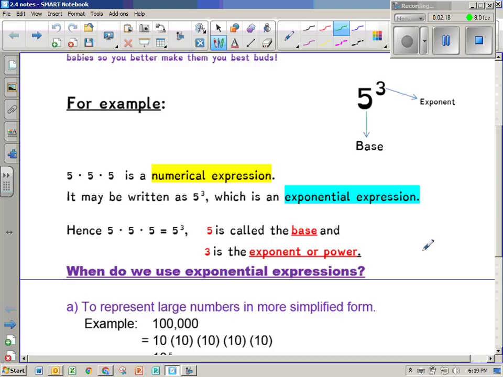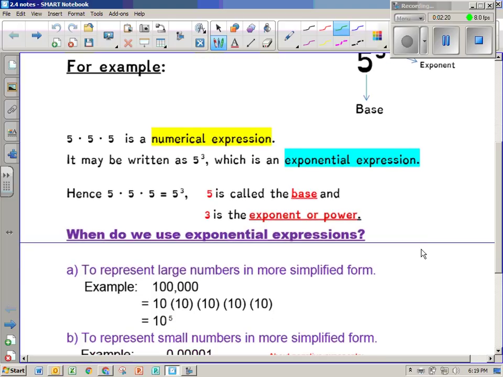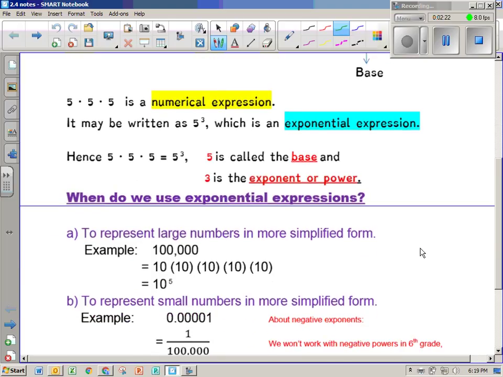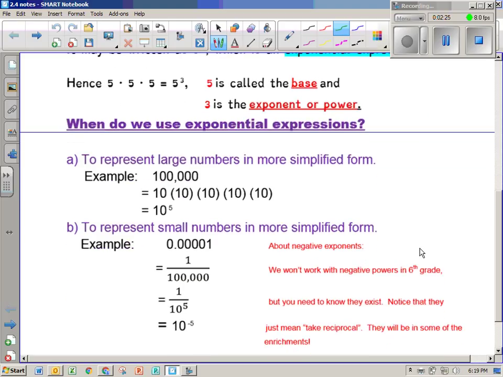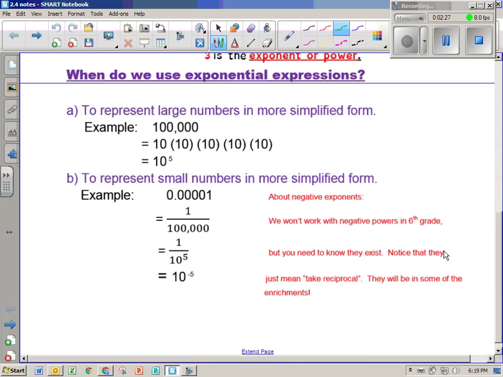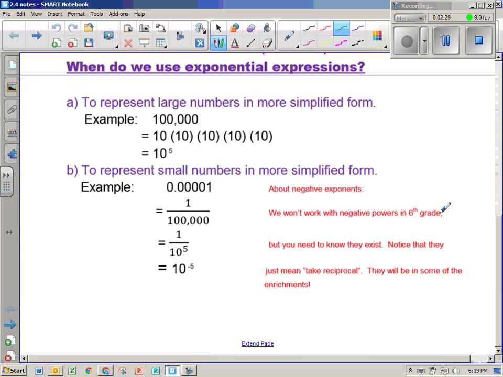Well, that begs the question, when are we ever going to use exponential expressions? Well, we use them a lot, especially in algebra, but also otherwise. We use them to represent large numbers in a simplified form. For example, instead of writing the number 100,000, 10 times 10 times 10 times 10 times 10, 10 times itself 5 times is 100,000.